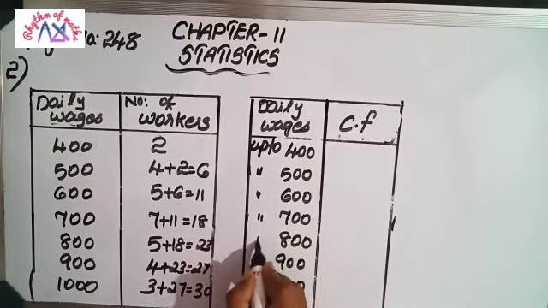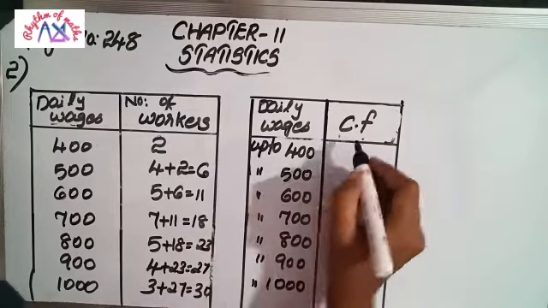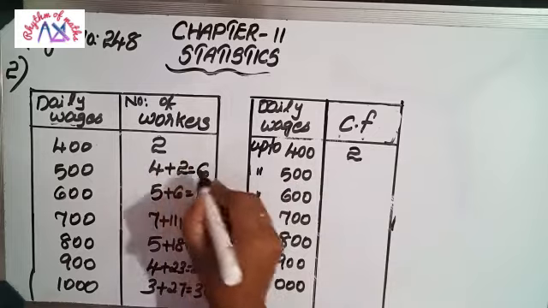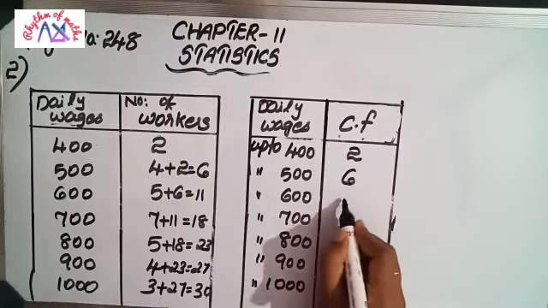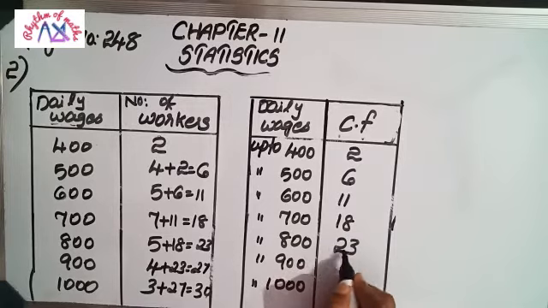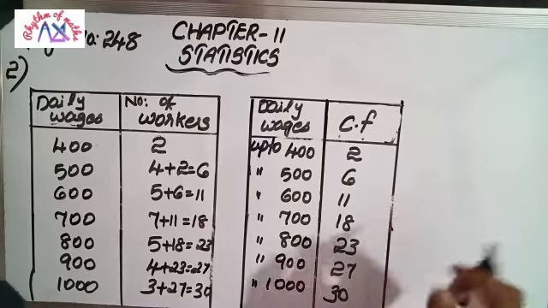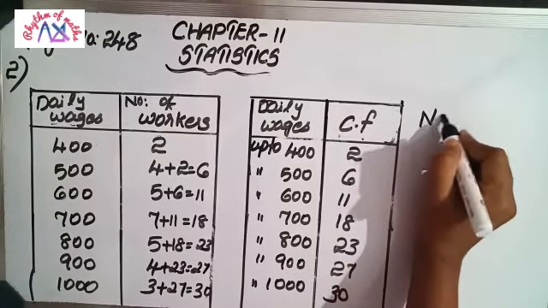Then in the next box you can write the cumulative frequency starting from 2. Then after 2, 6, 11, 18, 23, 27, 30. So the first step is over.